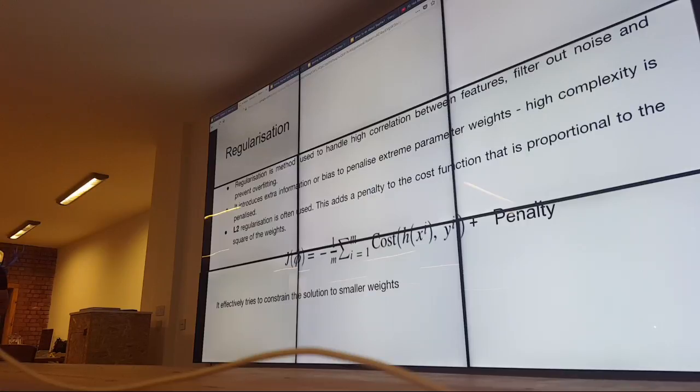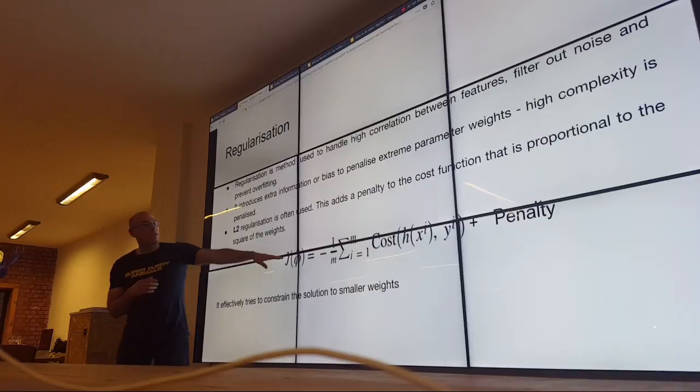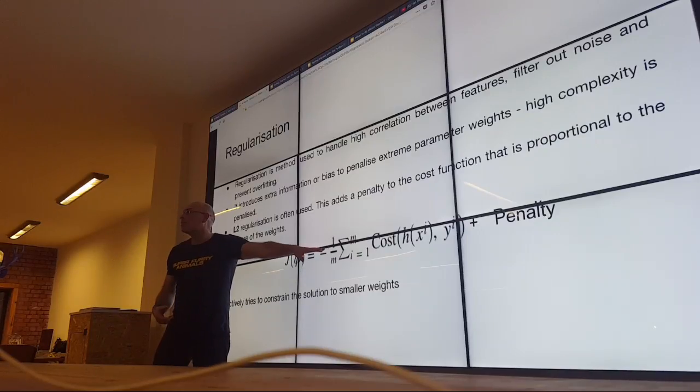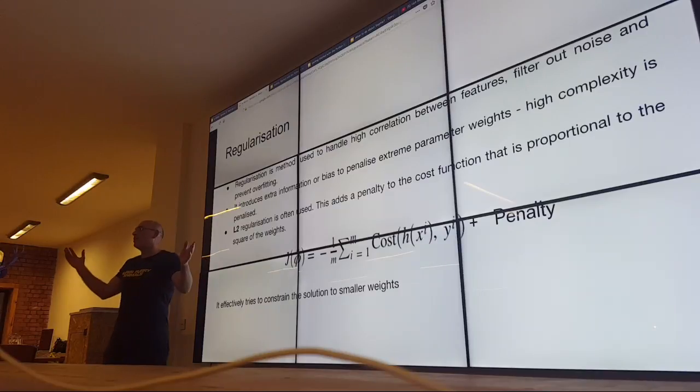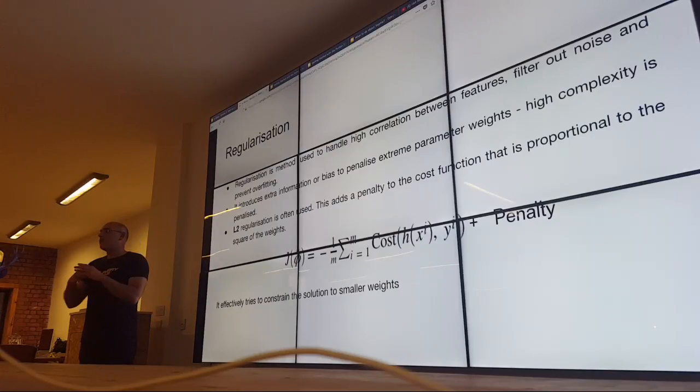It introduces extra information to penalise extreme parameter weights. Earlier on we talked about the fact that the algorithm learns by getting a cost function and seeing how far off it is from the real values. To try and get more accurate, sometimes the models will put in really high weight values, and that causes overfitting, so it becomes a really complex model.